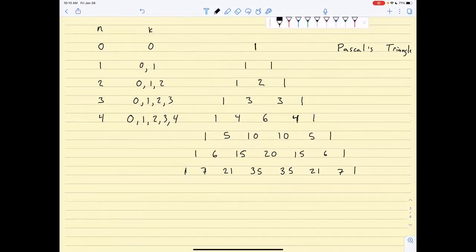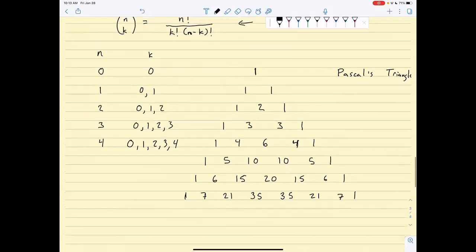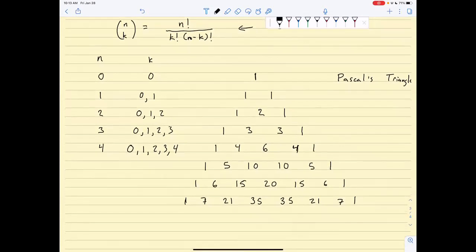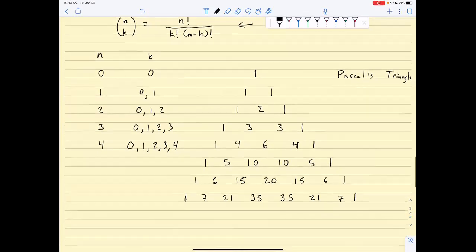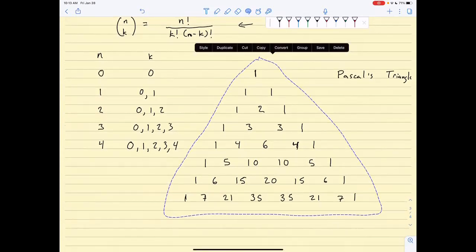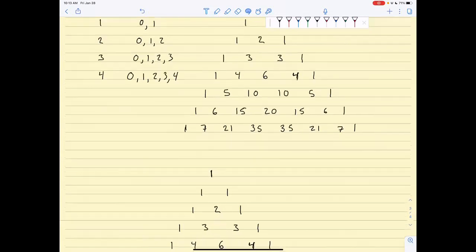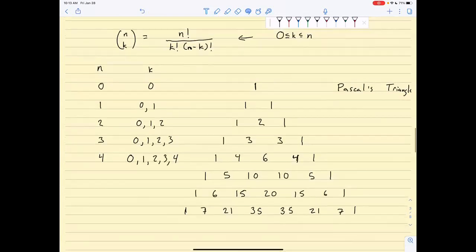This is a very, very useful triangle. These numbers are very, very useful. So just to be clear, the rows in this triangle are given by this number n. So this is n equaling 0, n equaling 1, n equaling 2, and so on.